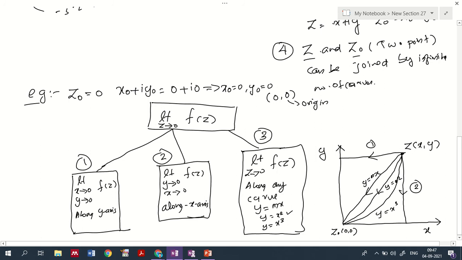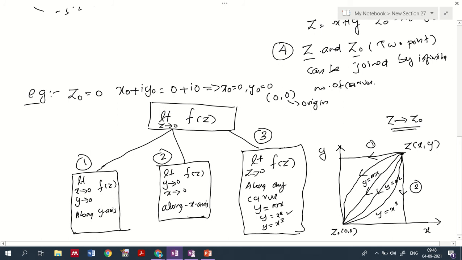And in a similar fashion, this all curve is directing towards where? It is from z to z0. That is basically the limit representation. All the values of z are coming towards the origin representation when you consider z tends to z0.